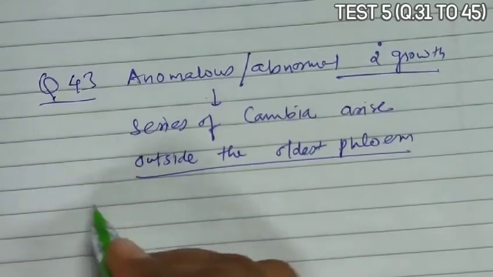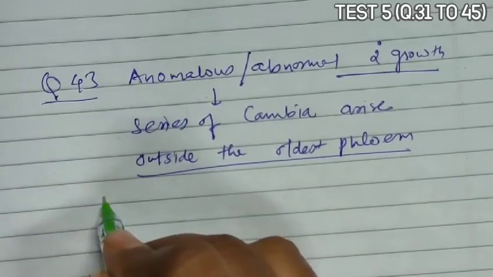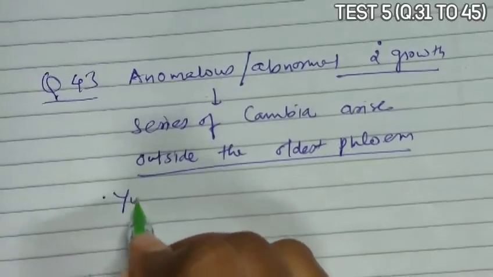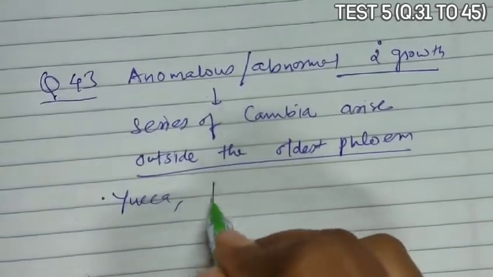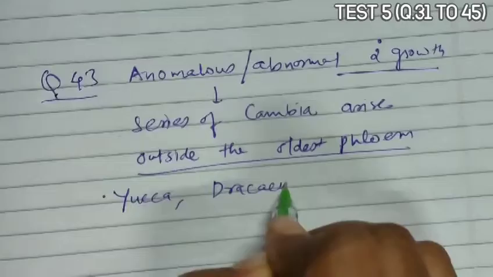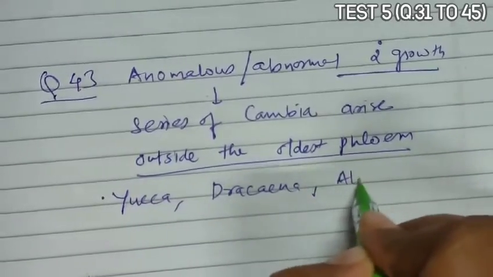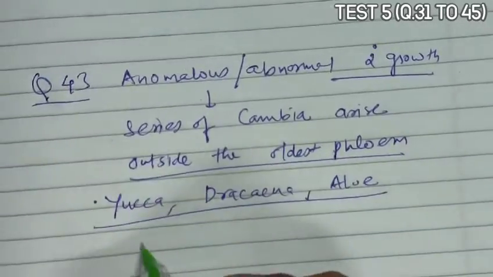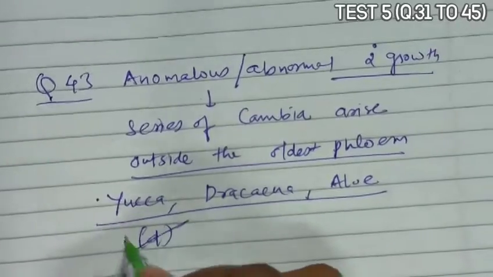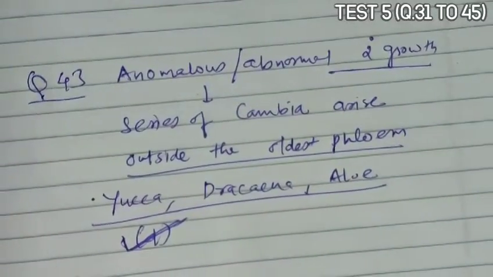This is observed in yucca, dracaena and similar types of plants. So option D, all of these, becomes the correct answer.